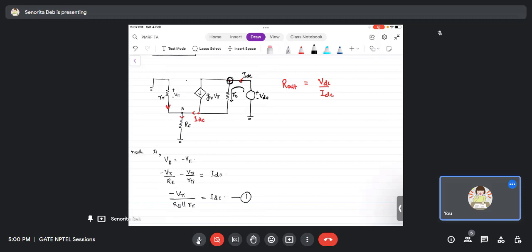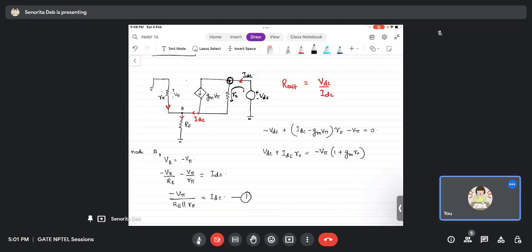So let me go with a KVL equation. The KVL equation is minus VDC plus IDC minus gm V pi into R naught minus V pi equal to 0. So therefore VDC plus IDC R naught equals minus V pi into 1 plus gm R naught.